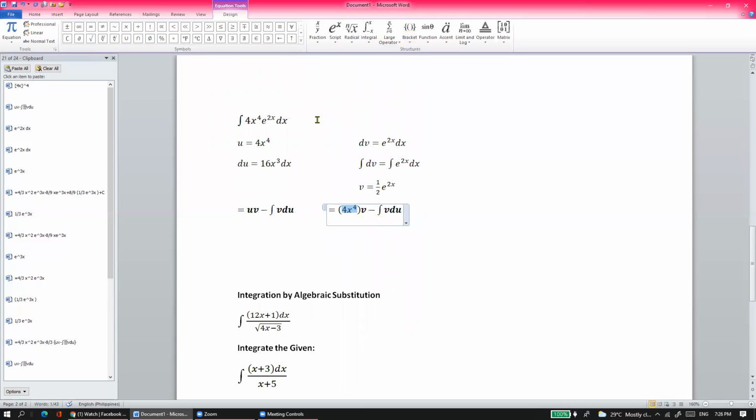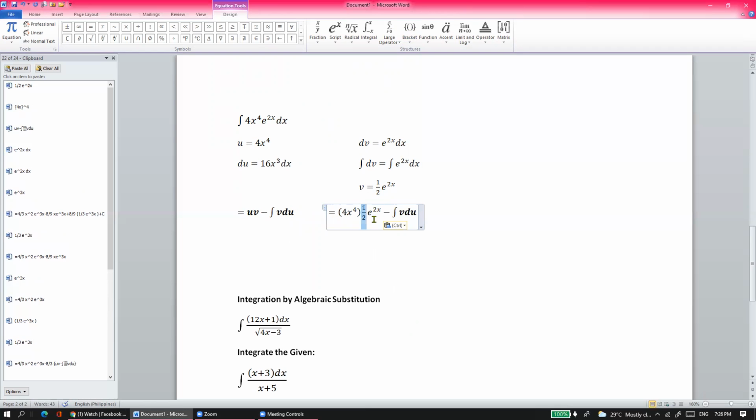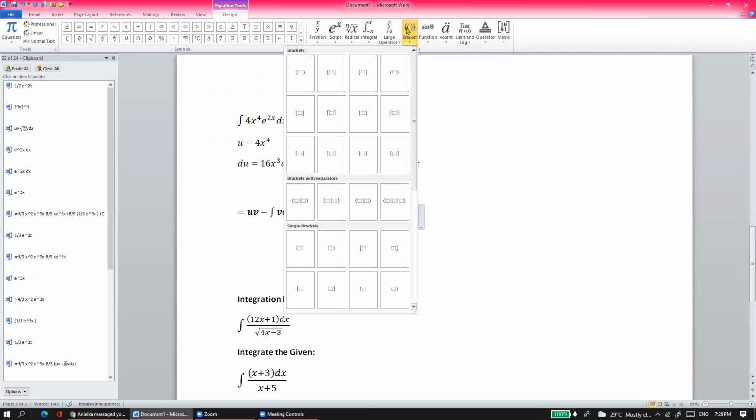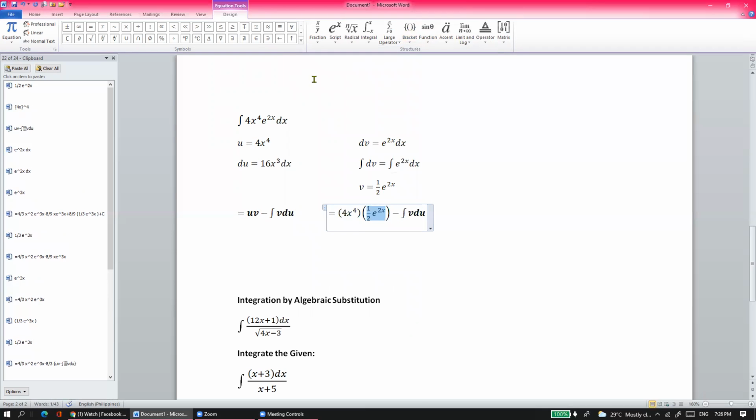Followed by v. Ang v natin is 1/2 e to the 2x. So, substitute natin dito sa v. And then, lagyan ko rin ng parenthesis. Same thing here. Yung v natin, palitan din natin.